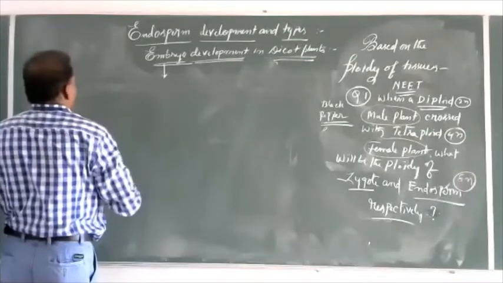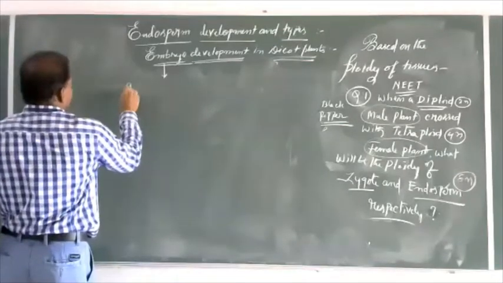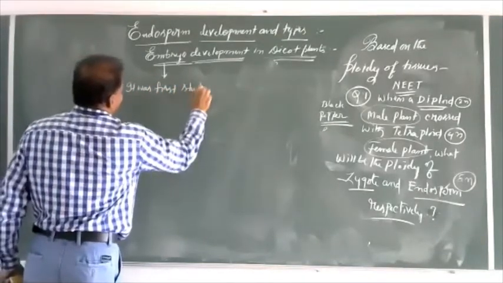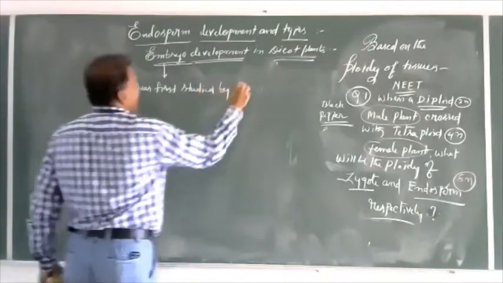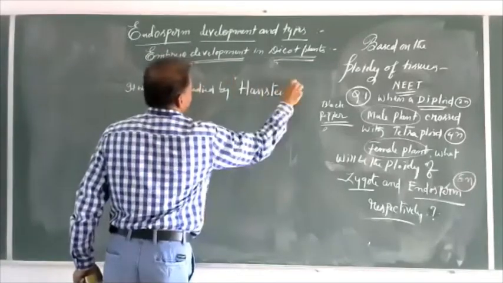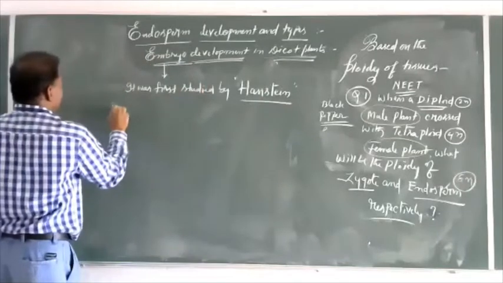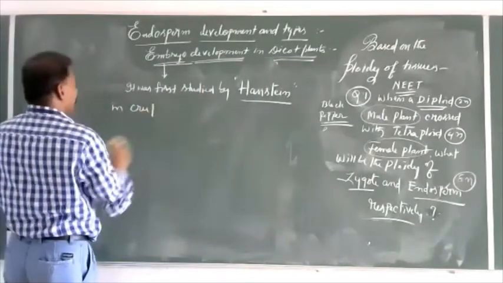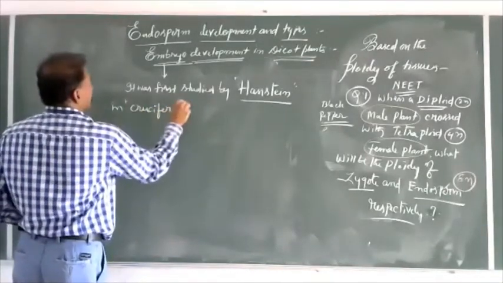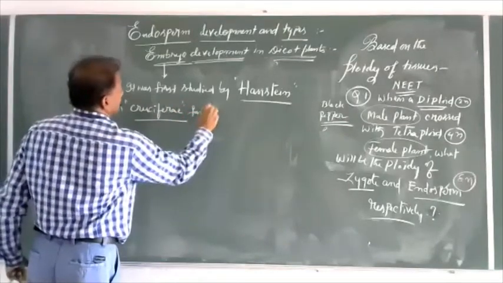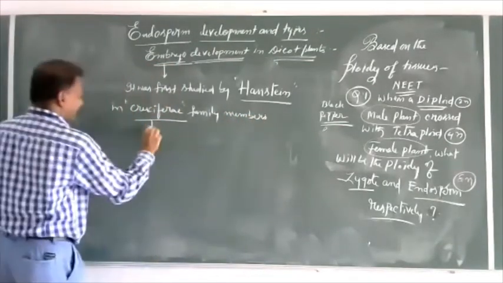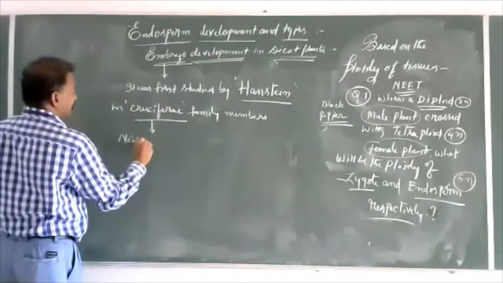Embryo development. Dicot embryo was first studied by Hans Steen in Cruciferae family members. Cruciferae is now called Brassicaceae.